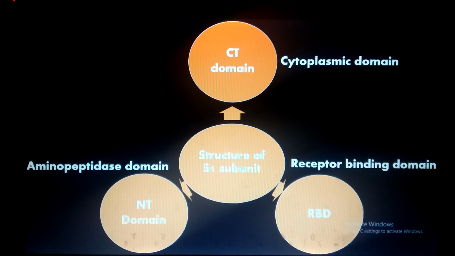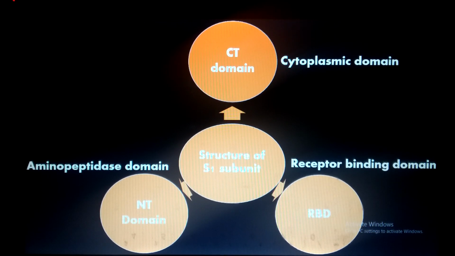Now, first of all, the S1 subunit. Here I have mentioned the different parts of the S1 subunit. S1 subunit consists of the CT domain, which means cytoplasmic domain. Number 2, the receptor binding domain, known as RBD. Don't get confused about what RBD or CT domain is.